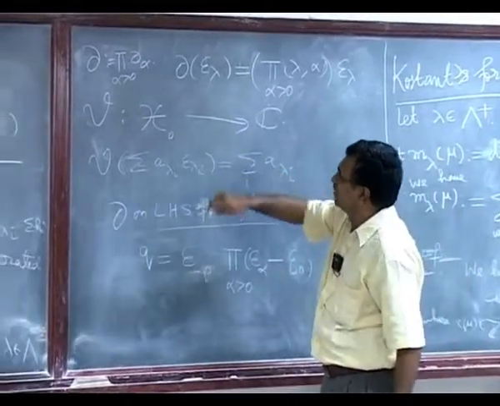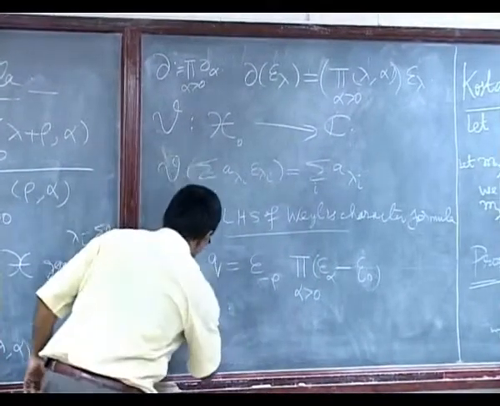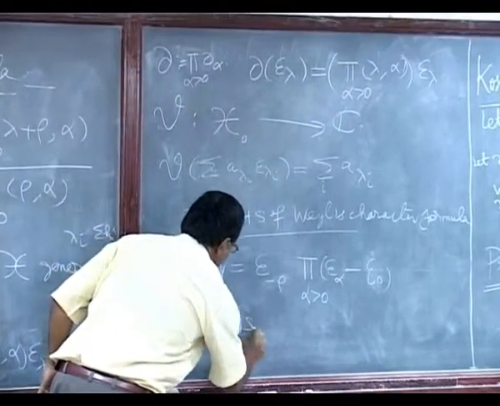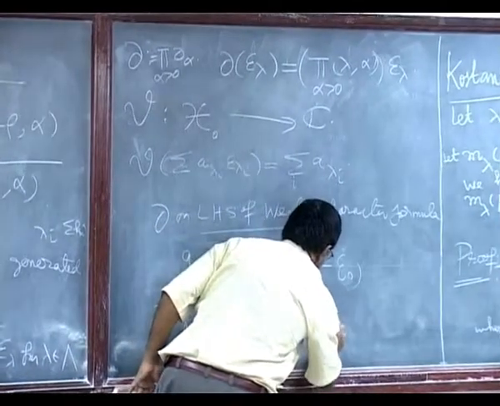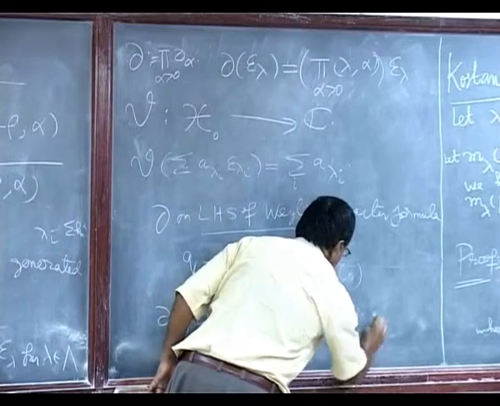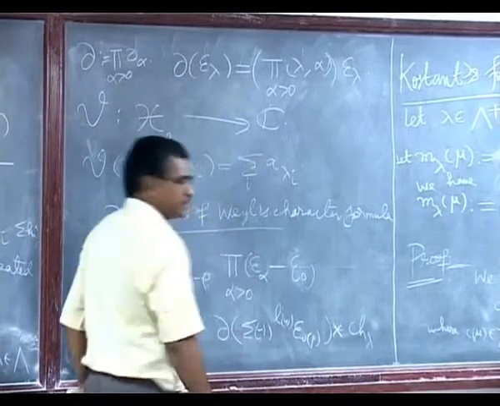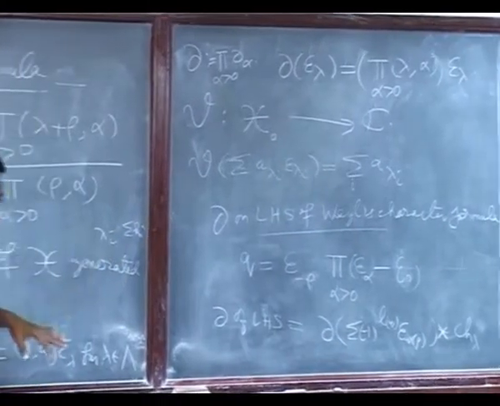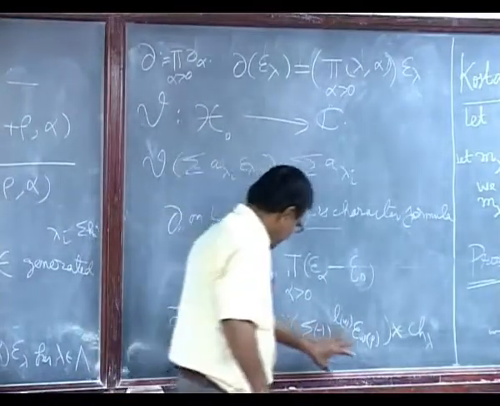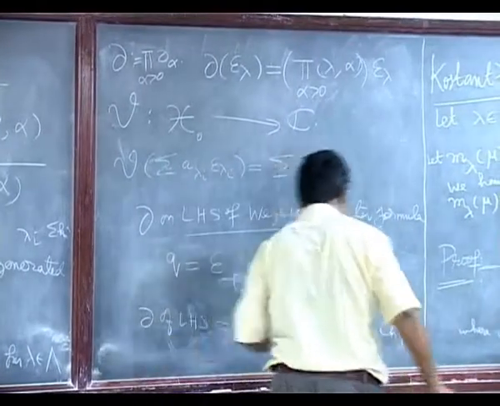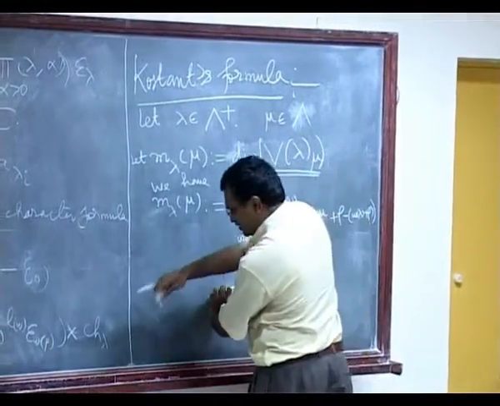So finally what we are getting on the left side is del of LHS is equal to del of this one, epsilon W of rho, CH lambda, because every time it's a derivation. Because at least once if it has appeared here, I say it's 0, one of the d alphas. So every time, what we are getting is this. Now using this and applying further V, then you could see what is V of CH lambda.